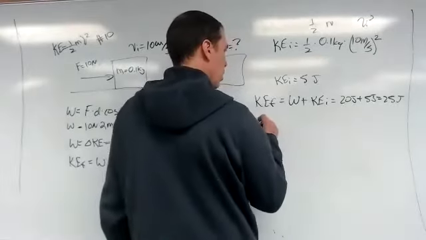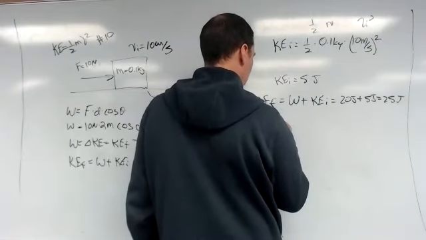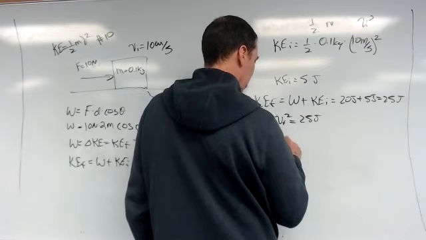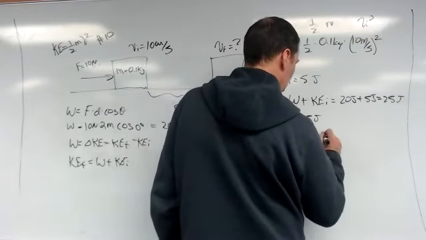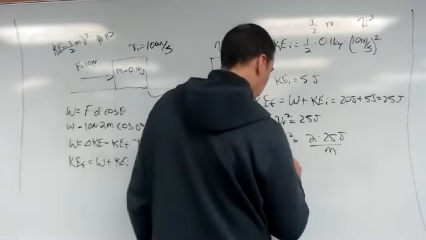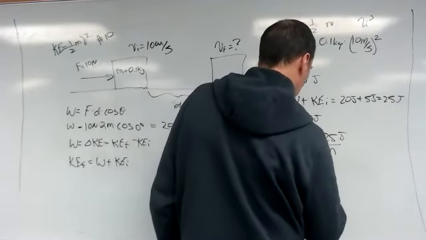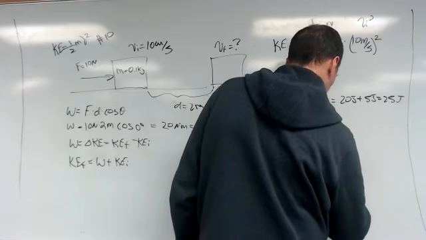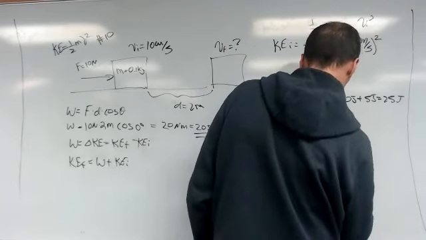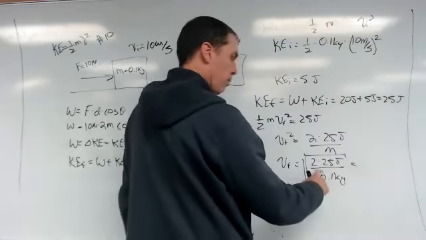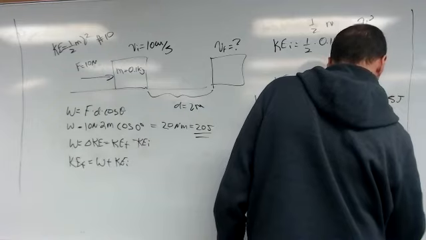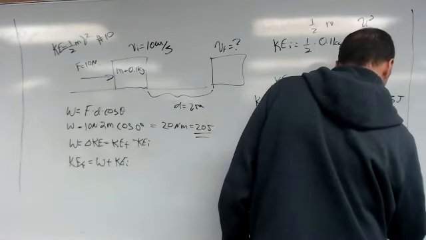Right, and so I can just say, look, 1/2 m v final squared is equal to 25 joules, right? And so v final squared is equal to 2 times 25 joules over the mass, or v final is the square root of 2 times 25 joules divided by 0.1 kilograms, which is the square root of 500 joules per kilogram.